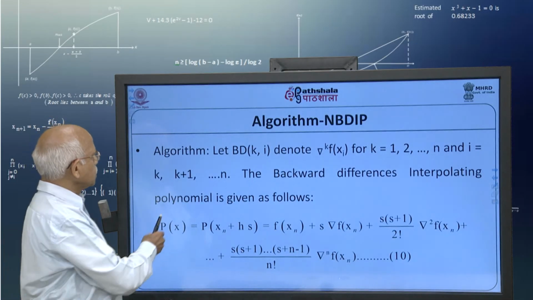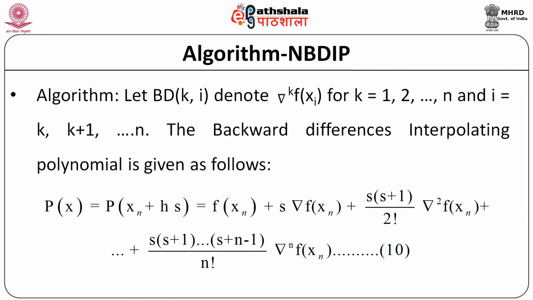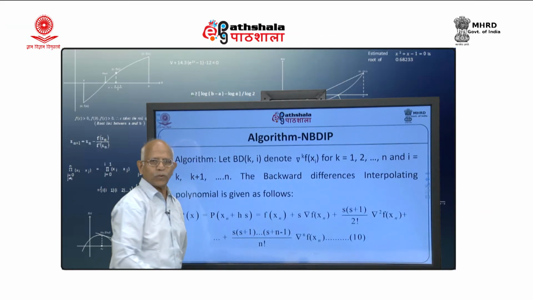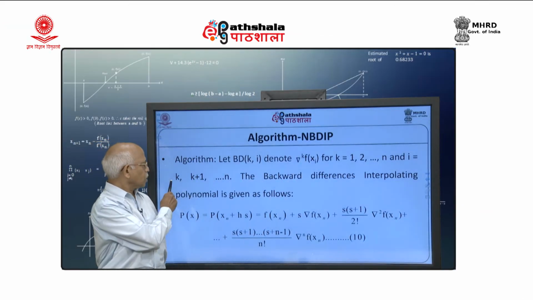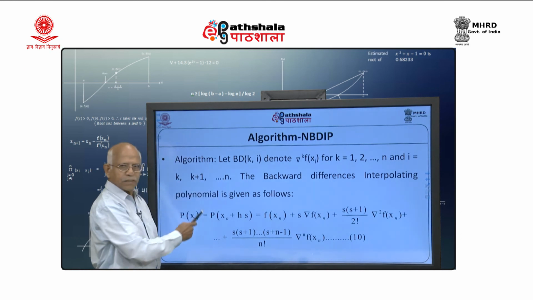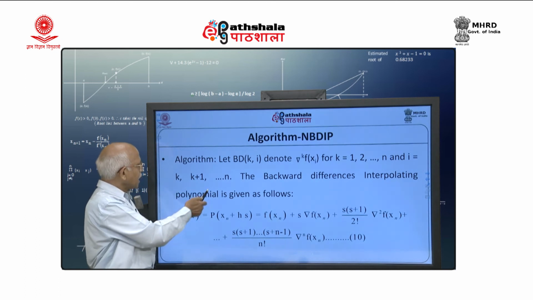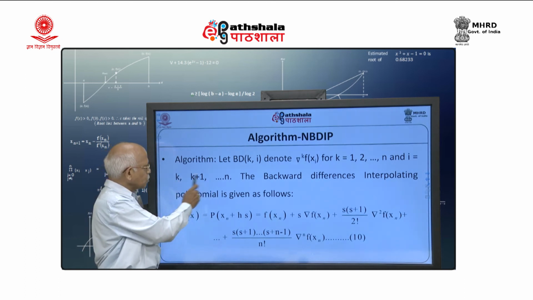Now, the algorithm starts again with let b d k i. So, I am considering the kth order backward difference at point x i, represented by b d k i, where k is equal to 1, 2, 3 up to n and i is equal to k plus 1 up to n. So, we are computing backward differences from the back side and we go only from k to n.